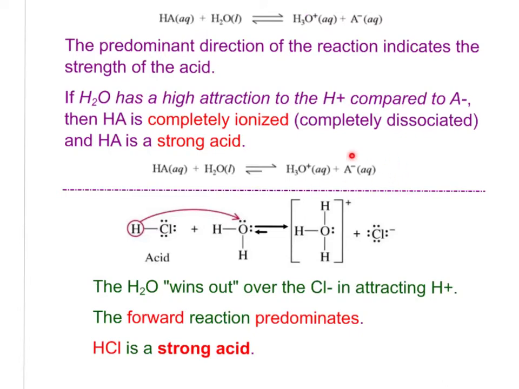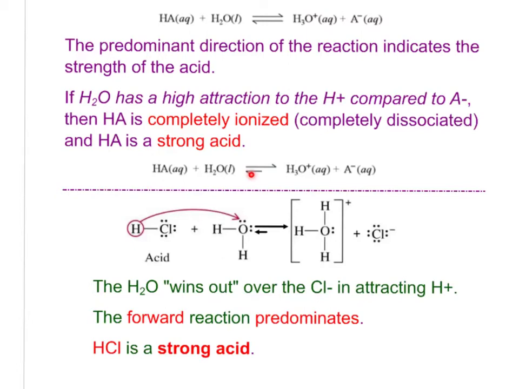The predominant direction that the reaction occurs will have a longer arrow than the other direction. And let's talk a little bit about that because it has a lot of different implications. It tells us a lot about the strength of the acid, depending on which direction wins out, which direction is favored in the reaction.